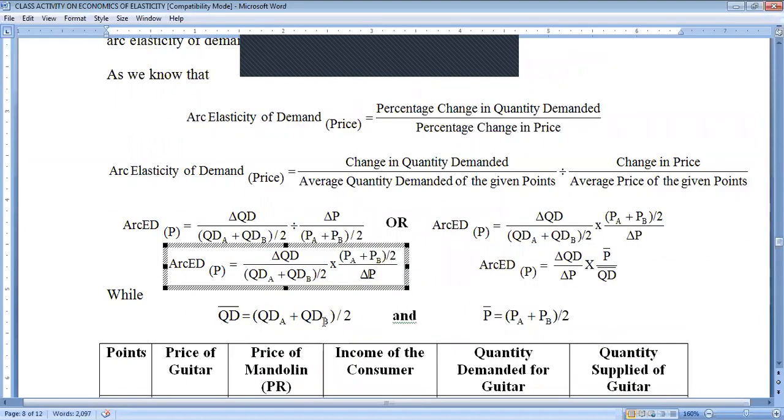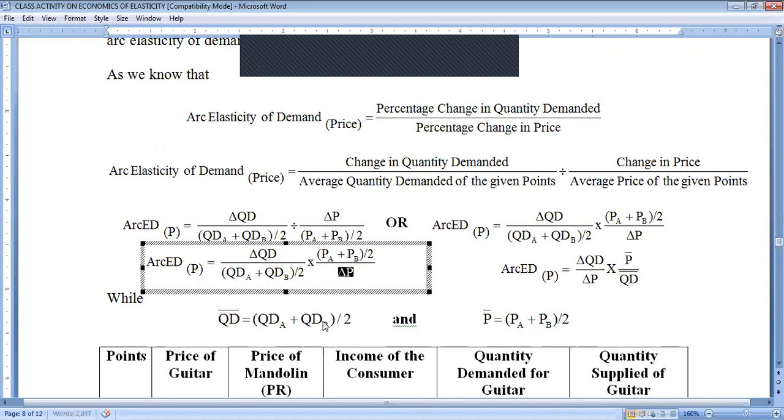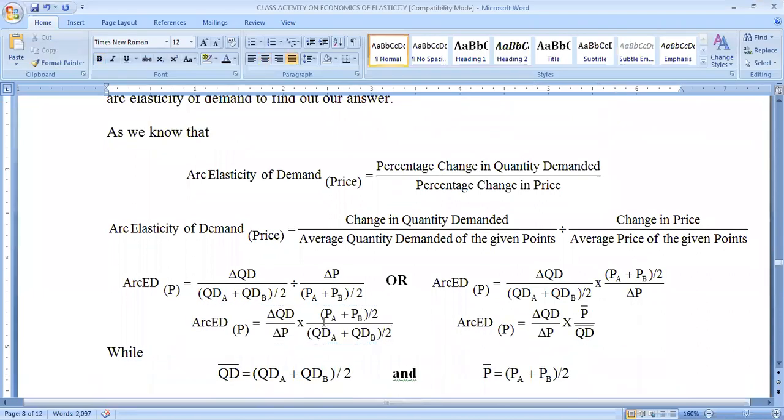It can further be written as, the terms in delta can be written into one fraction and terms other than delta can be written into the other fraction. Therefore, the formula becomes delta QD over delta P multiplied by average price of 2 points divided by average quantity demanded of 2 points.